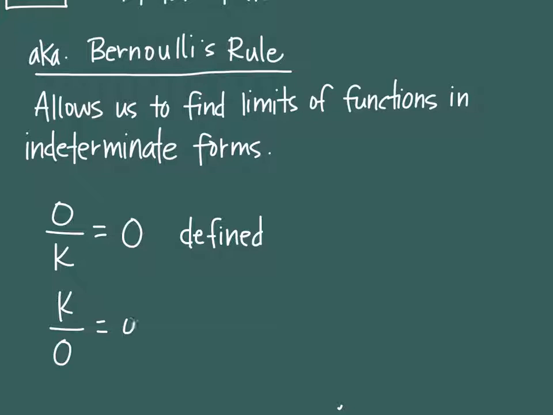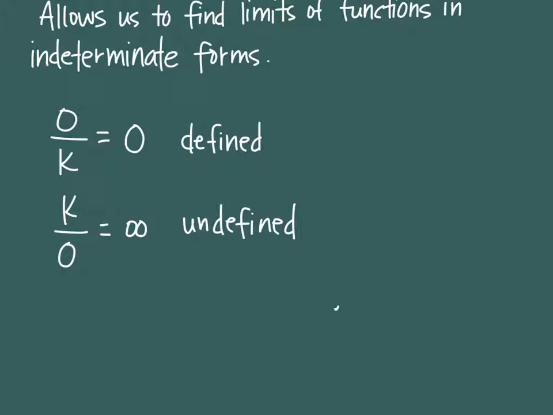Okay, we get infinity, which is undefined. And so that leaves us with the only other result, which would be 0 divided by 0 itself. That is what we call indeterminate. So that's the difference. It all has to do with where 0 is and what 0 is being divided by.